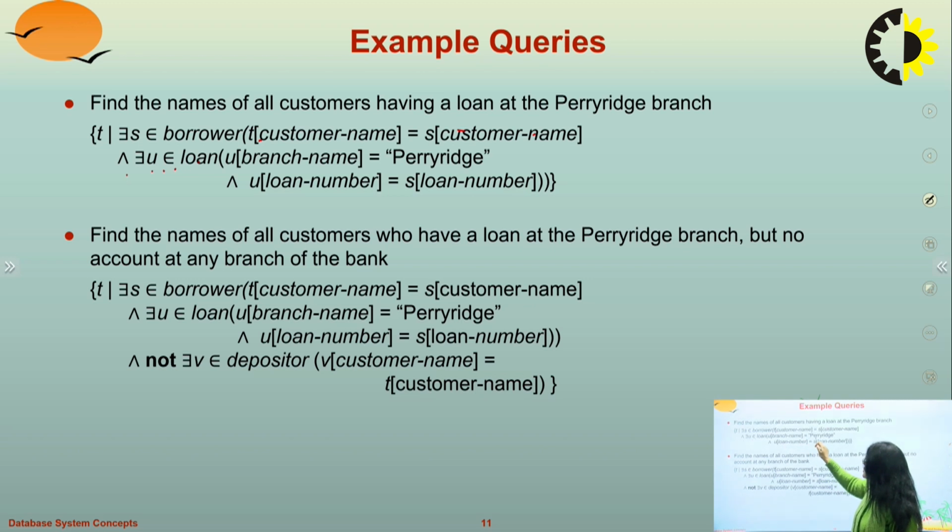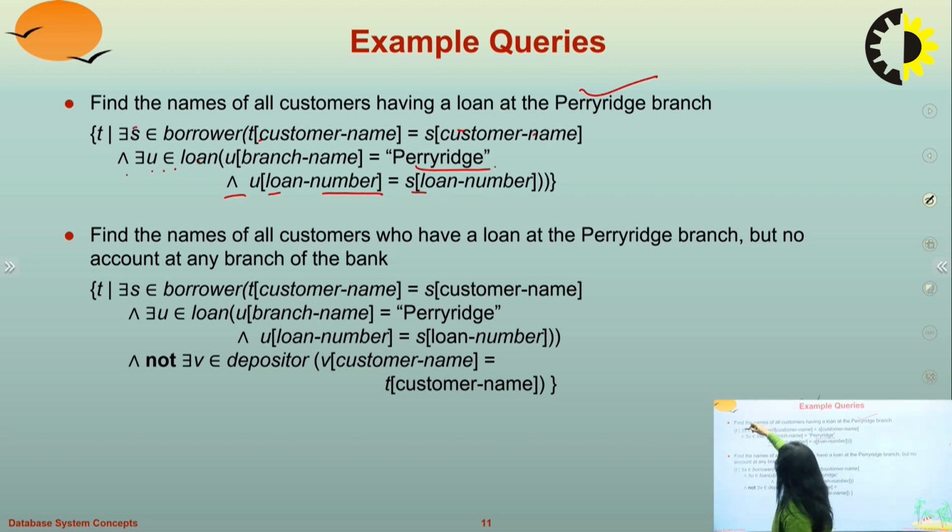U branch name is equal to the given condition, Perryridge, and U loan number is equal to S loan number. So we are making the relationship between these two. Why so? Because we need to find the loan numbers for the Perryridge branch only. So we need to give the relationship between S and U. So we are writing U loan number is equal to S loan number. We have already established the relationship between T and S. Right? So this way we can write the query here.